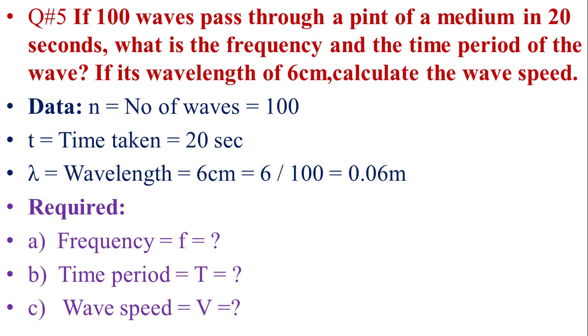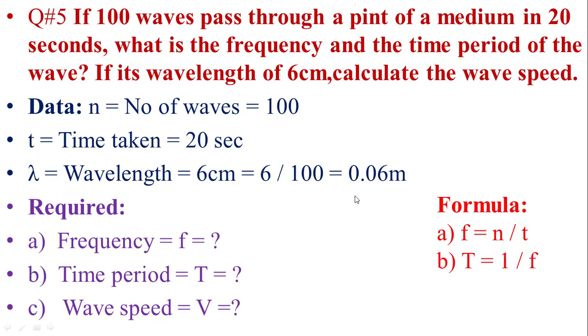Here we calculate three things: frequency, time period and speed. We use the formula f is equal to n upon t, number of waves divided by time. Similarly, we find that time period T is equal to 1 upon f, and we calculate v using the relationship v is equal to f lambda.